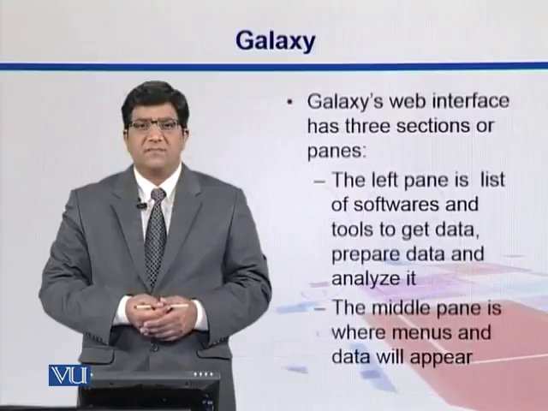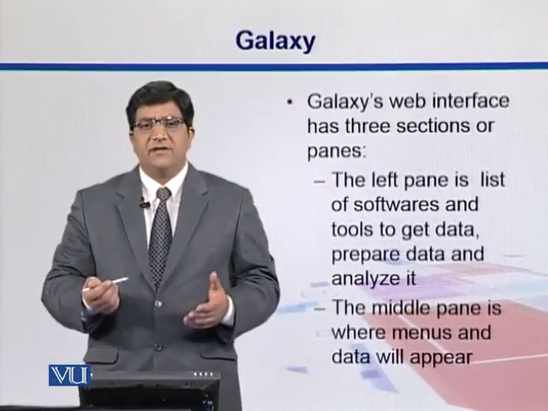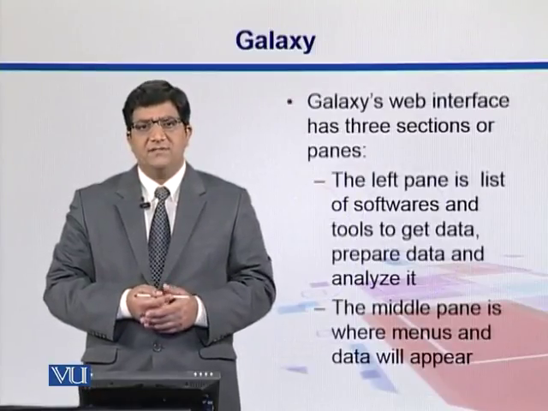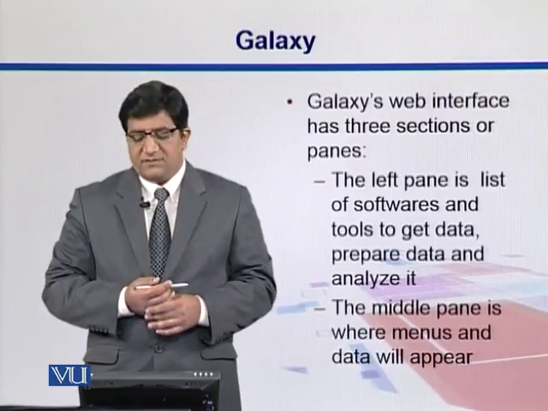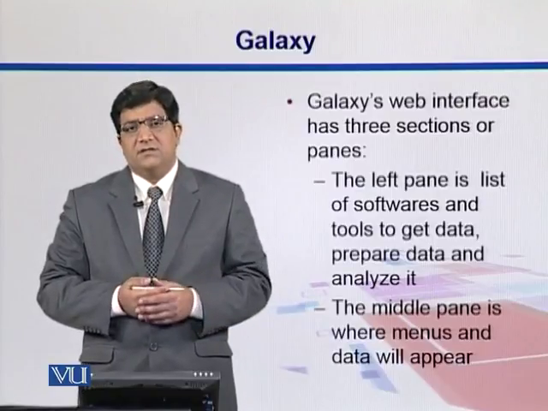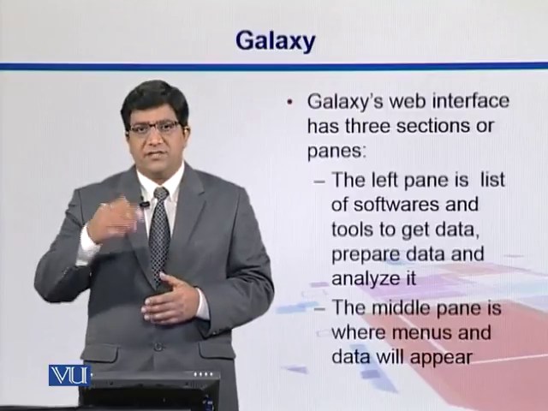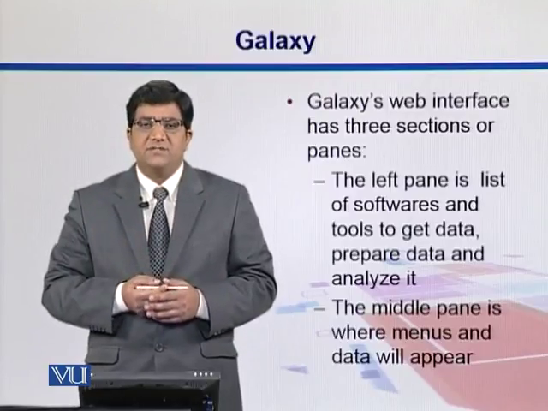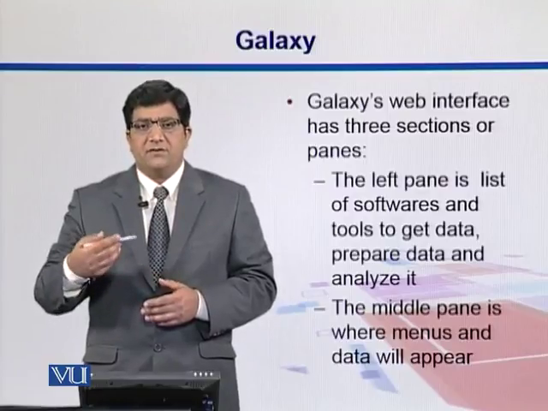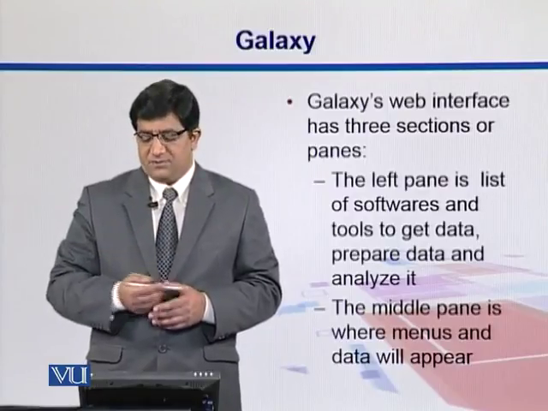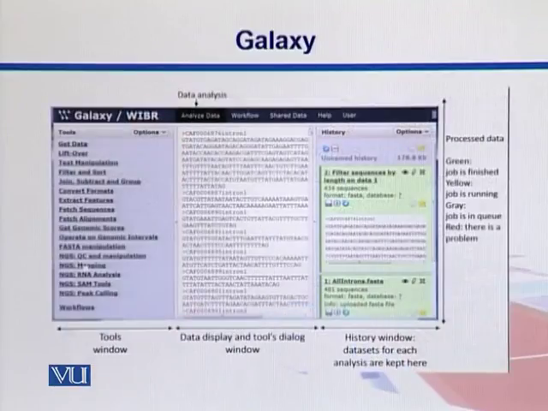If we look into the Galaxy interface, it is divided into three panes. The left pane is where the softwares and tools are. In the middle you can see where different menus appear, so you can choose from those menus, and towards the right is the history of your ongoing projects. Here is how it looks.